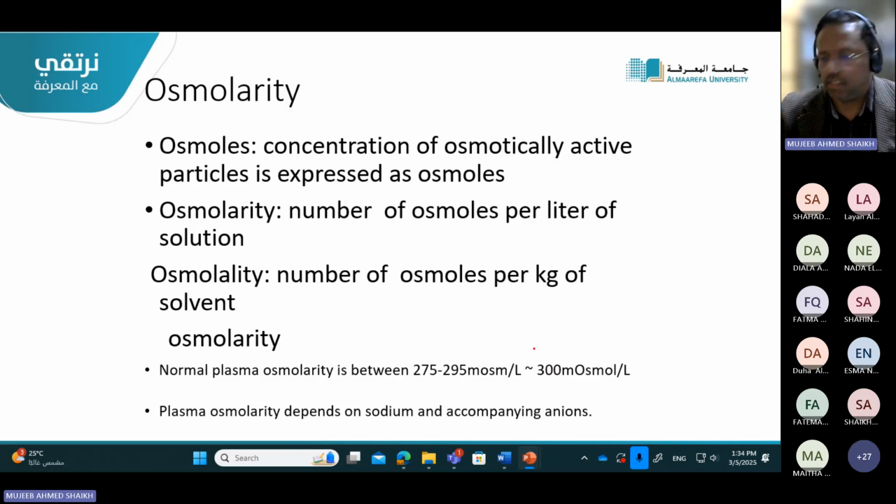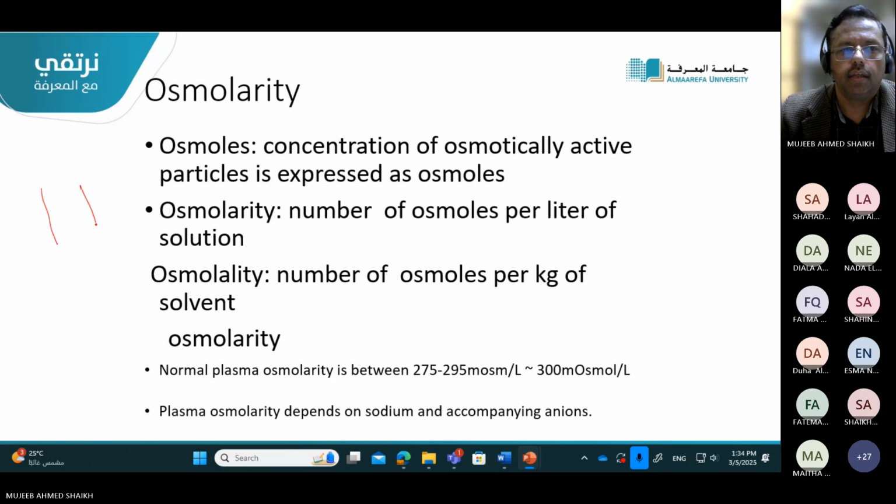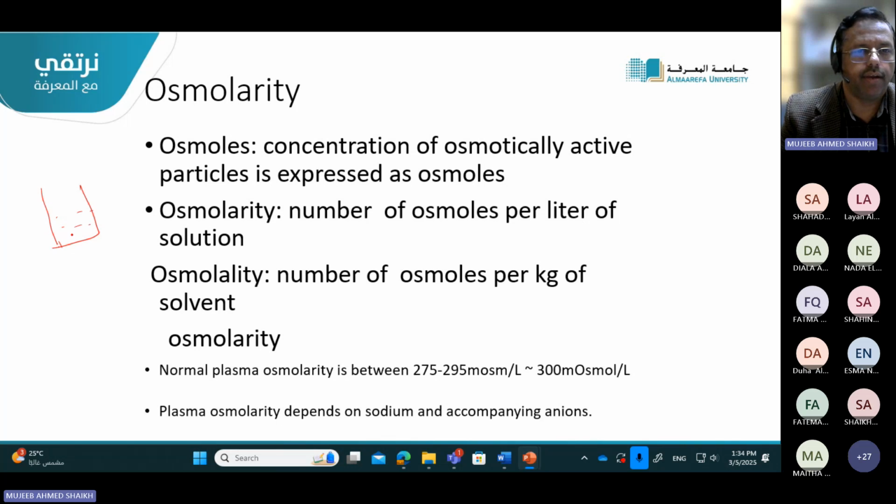Now some terminologies. We just discussed that a solution means some solute and a liquid. This is a liquid and there are some solute particles, because of which we create a solution. In this solution, based on the number of solutes, we define some terminologies.